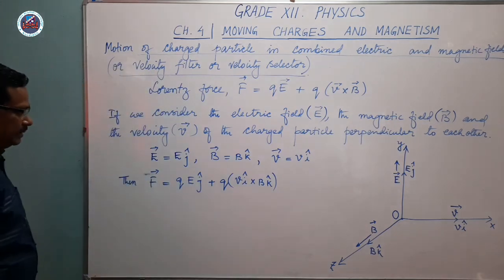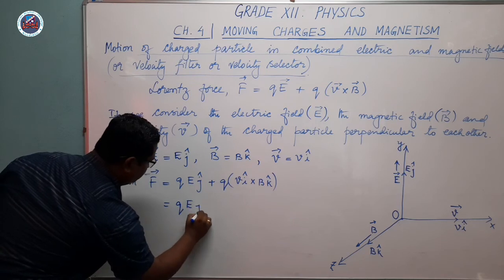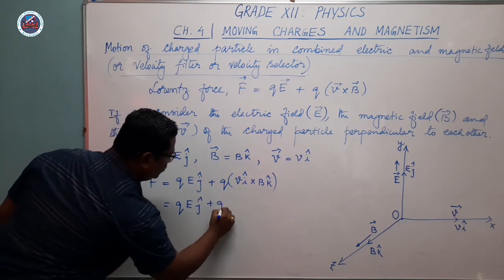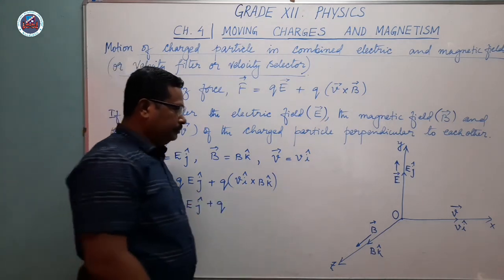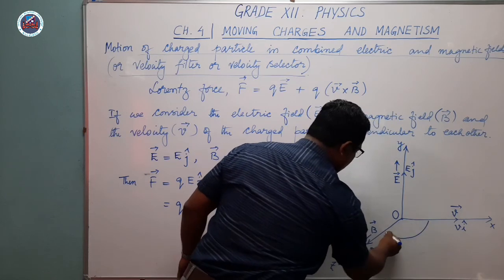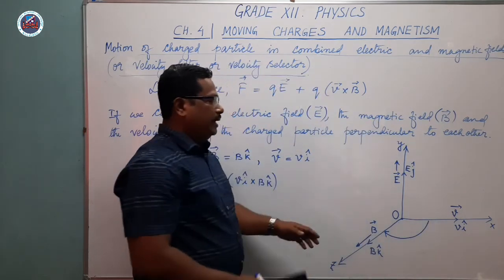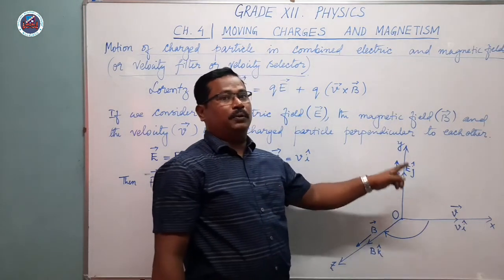Then in this case, you'll get Q E j cap plus Q, and here you can see i cap cross k cap. You're coming like this, it's clockwise. i cap cross k cap will give you j cap, but will it be positive or negative?